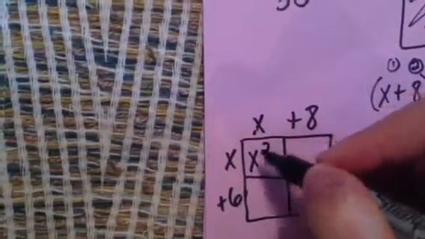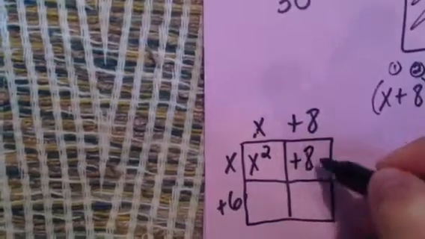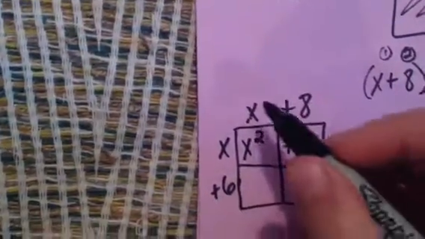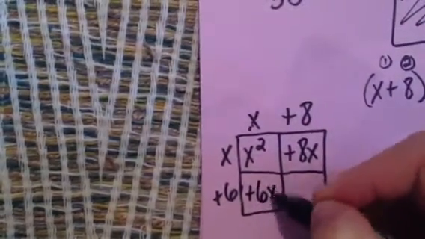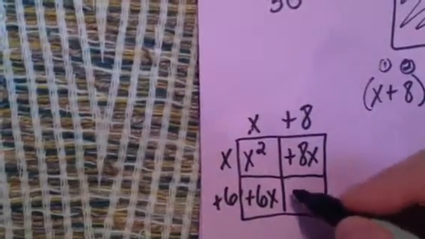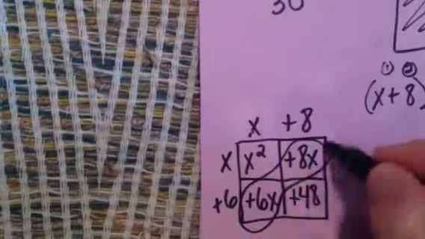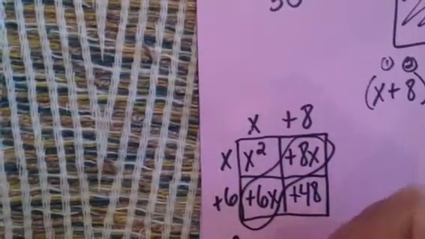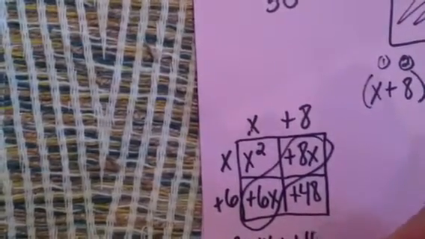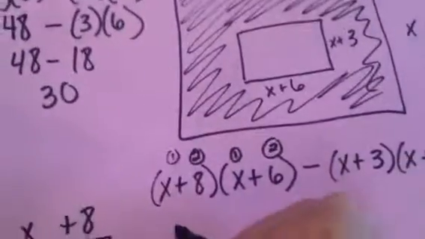X times x is x squared, x times a positive 8 is positive 8x, positive 6 times x is positive 6x, and positive 6 times positive 8 is positive 48. I combine like terms, and I get x squared plus 14x plus 48. So now I'm going to write that underneath here.